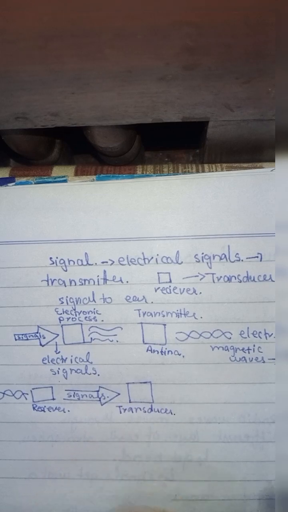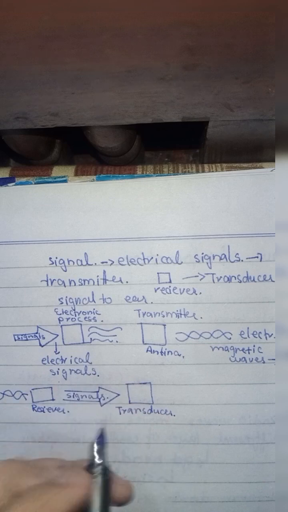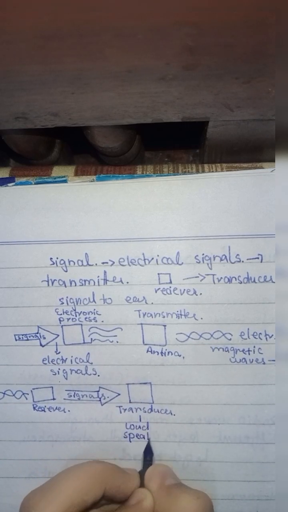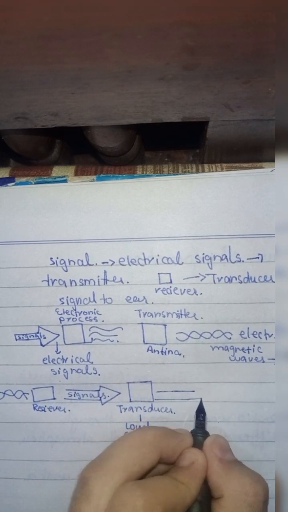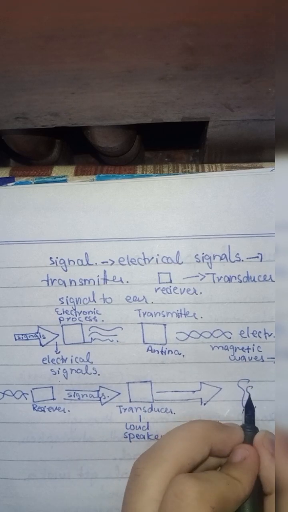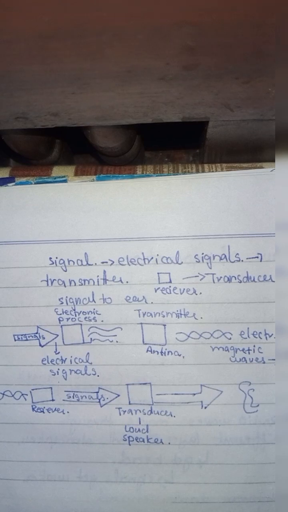The transducer is basically the loudspeaker. After that, the signals move to our ear, and from that we can hear the sound. This is how the information is flowing.